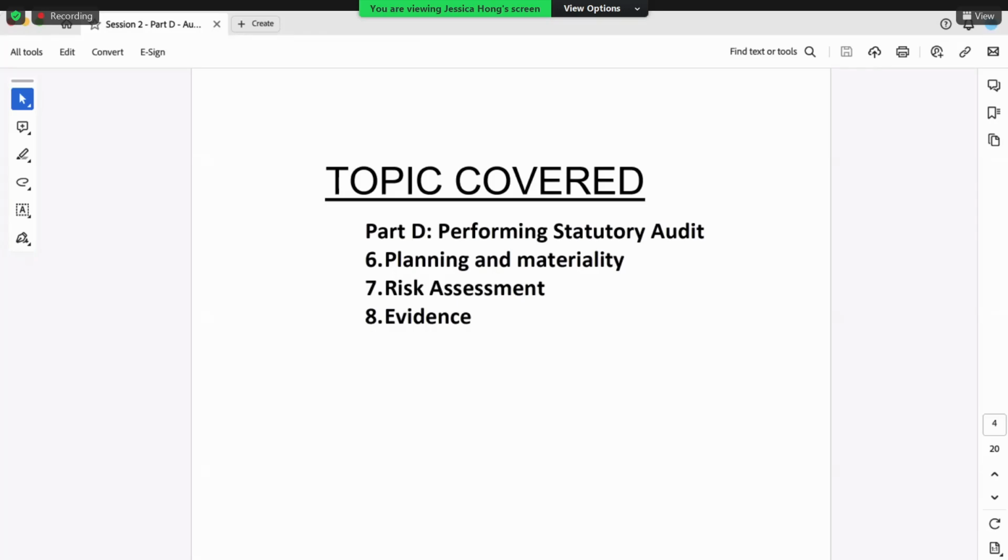This is one of the biggest sections tested in the ASR exam on risk assessment. Risk assessment is continuous and progressive throughout the audit process, and later we will show you how it's applied. Together with risk assessment, we will also test you in some of those areas by doing a class exercise today.